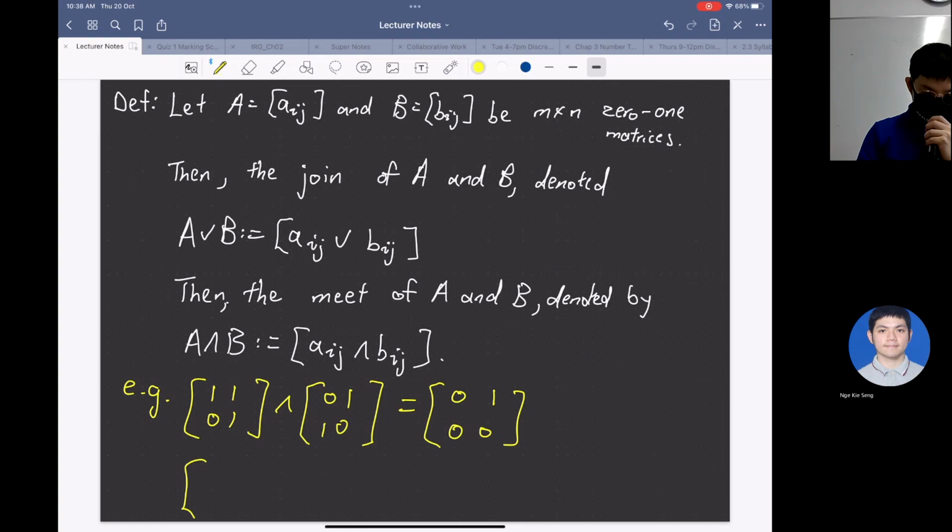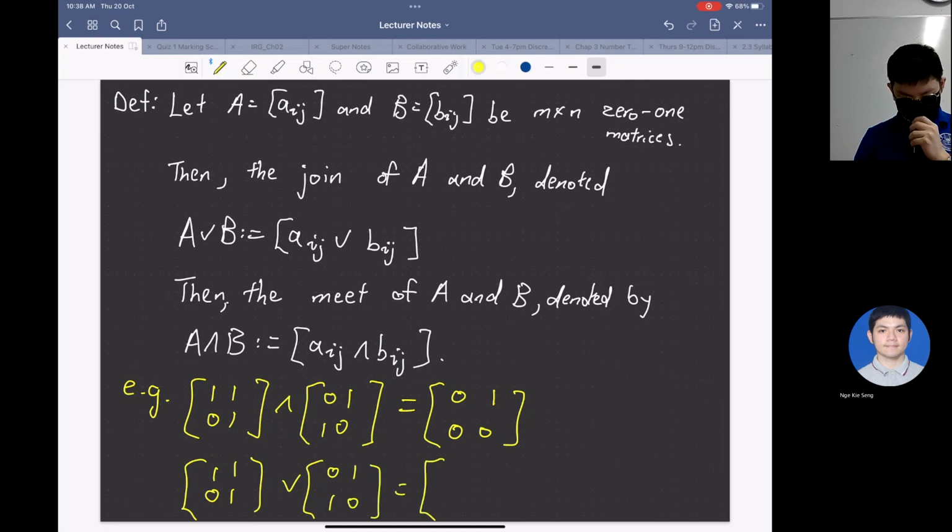Yes. How about this? What's this? The join of these two matrices. What do you get? 1, 1, 1, 1. Yeah, good.